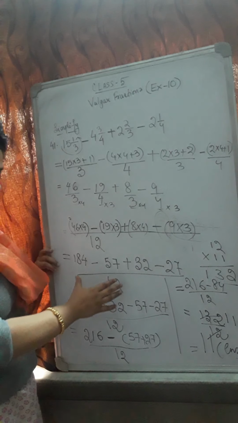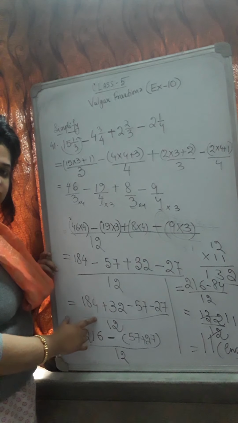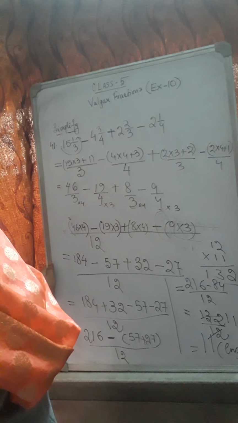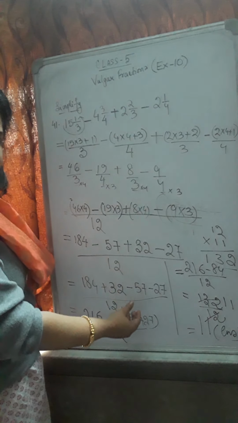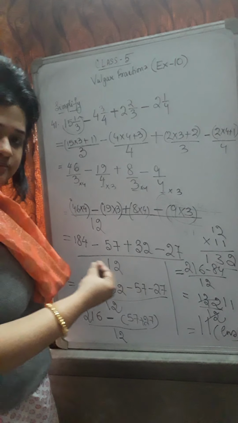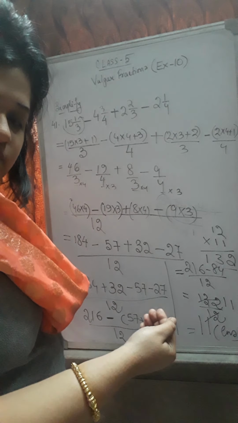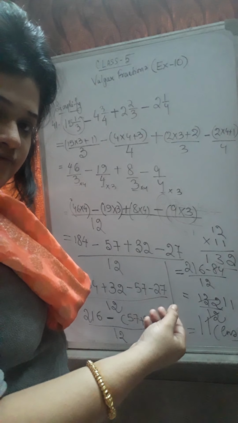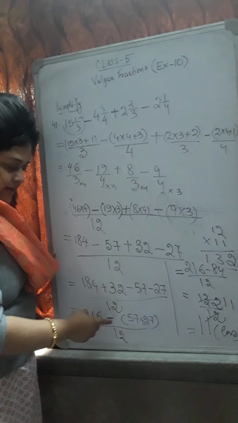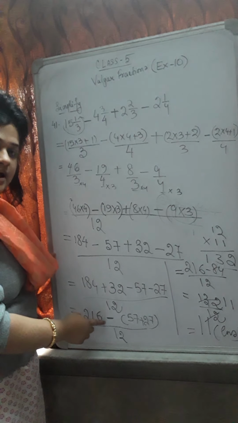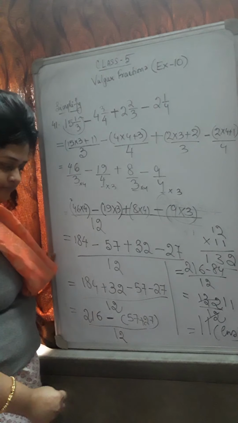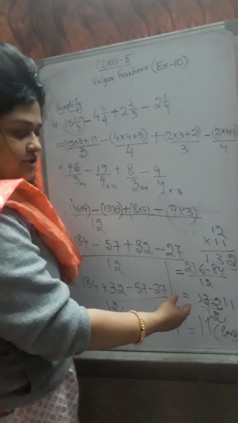You will take the added values or the numbers given with positive sign on one side and the numbers with negative sign on the other, and then instead of subtracting so many things, suppose after addition 216, from 216 you are subtracting 57, then from that obtained value you are subtracting 27, so it will be time taking. So it's better take the minus sign common. You are subtracting, how much you are subtracting? Both 57 and 27, so just add it up and finally go for subtraction.